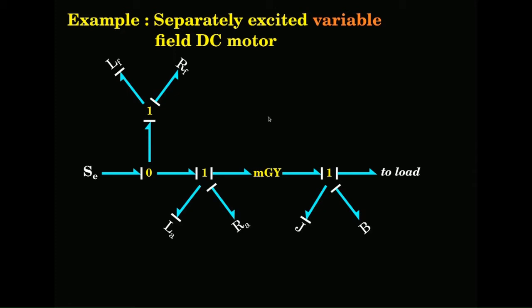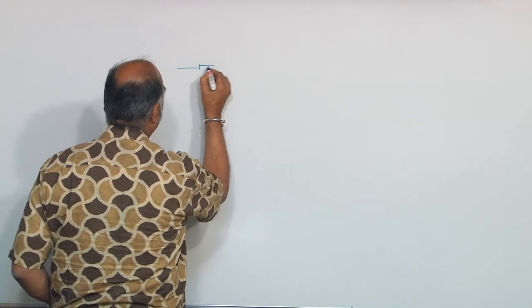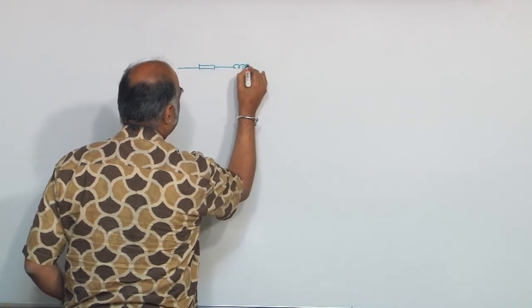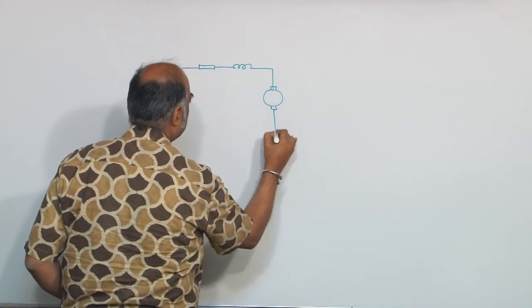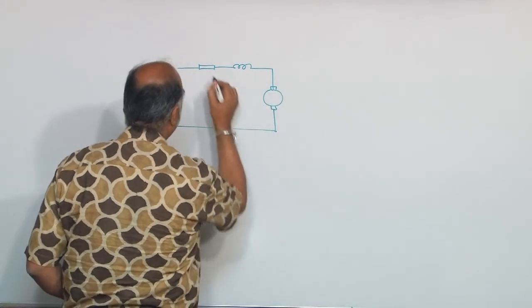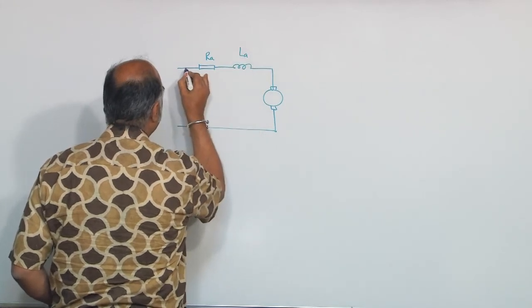Is this clear? This is because I said that this is RA, this is LA.